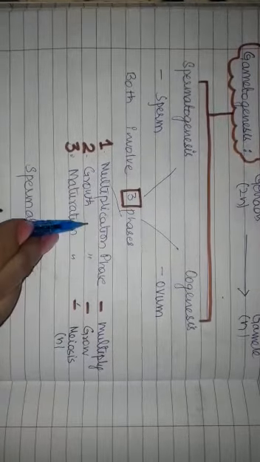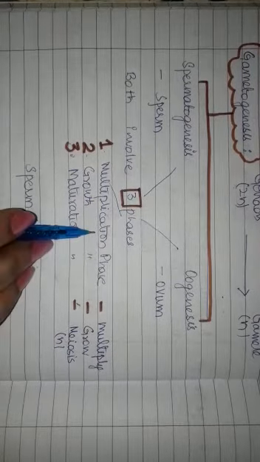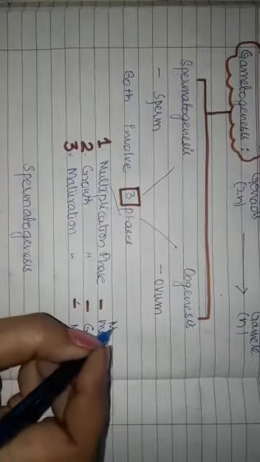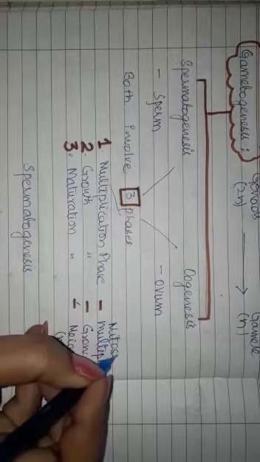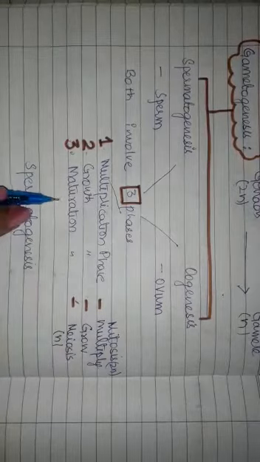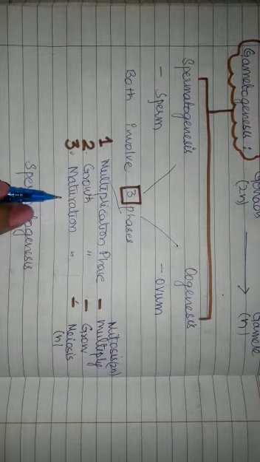In multiplication phase, the division involved mitosis, and the cells produced were all diploid, whereas in maturation phase the cells divide by meiosis and haploid cells are produced. Let us begin with the process of spermatogenesis.